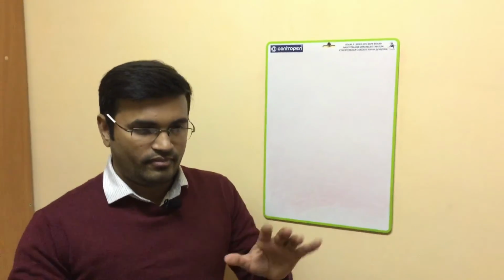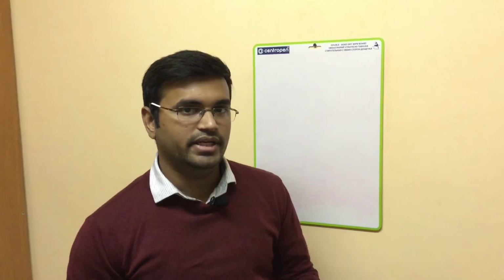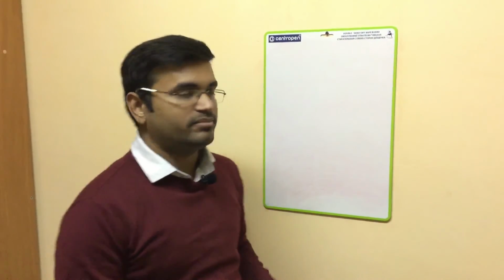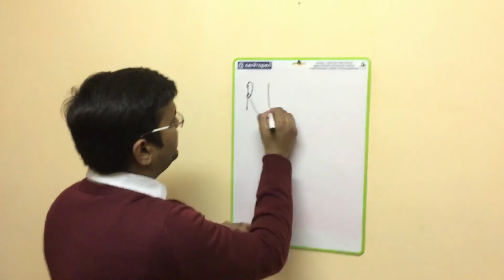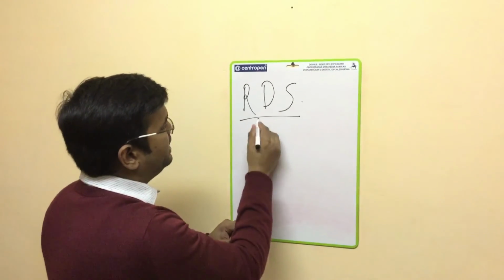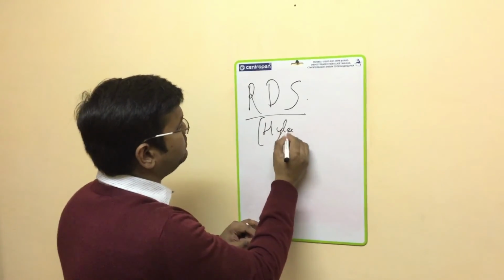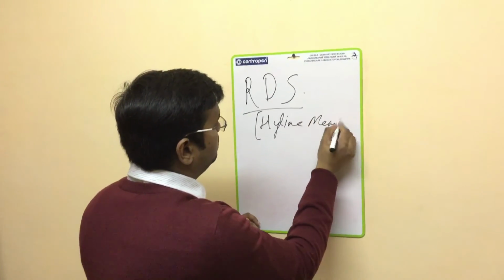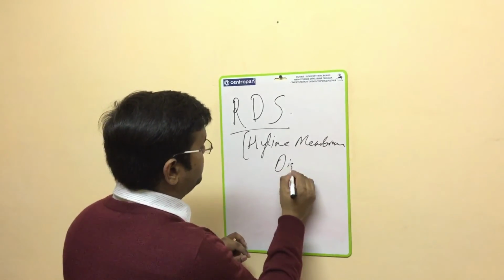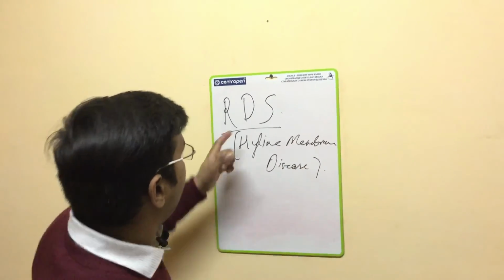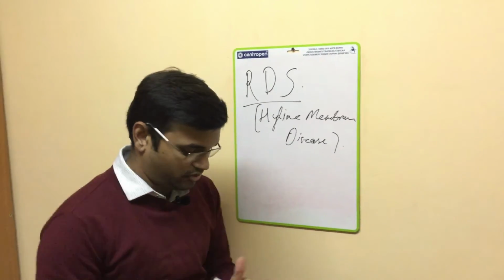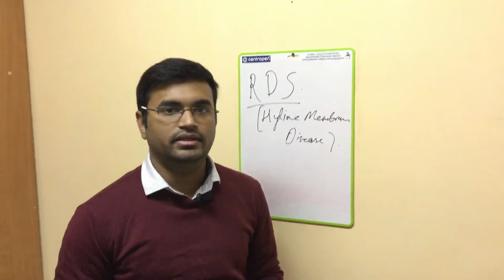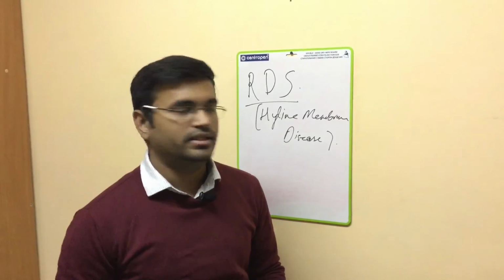So if a mother is in preterm labor, that will lead to respiratory distress syndrome, or I can say hyaline membrane disease. This is respiratory distress syndrome, also called hyaline membrane disease, which results in decreased levels of surfactant in the lungs, and because of that, respiratory distress syndrome.